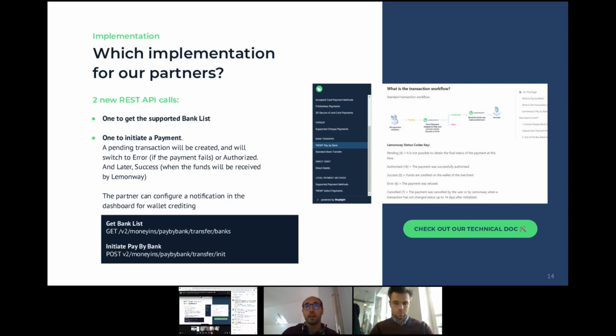So it will be authorized, and every day at 10:30 we do a reconciliation, and we switch the transaction to success. And then the funds will be received by Lemonway. But you can consider the transaction a success when it is authorized. So it's instantaneous, I would say.